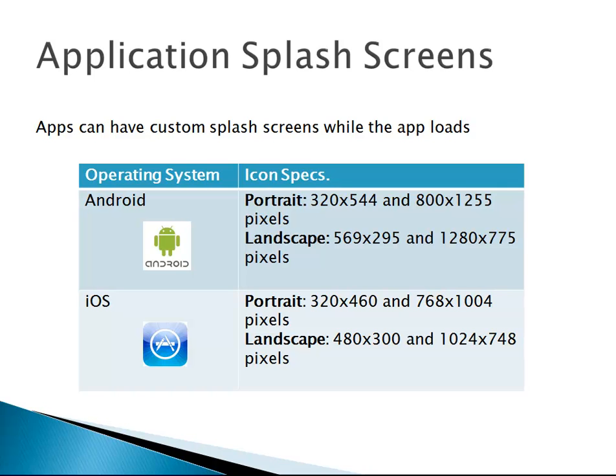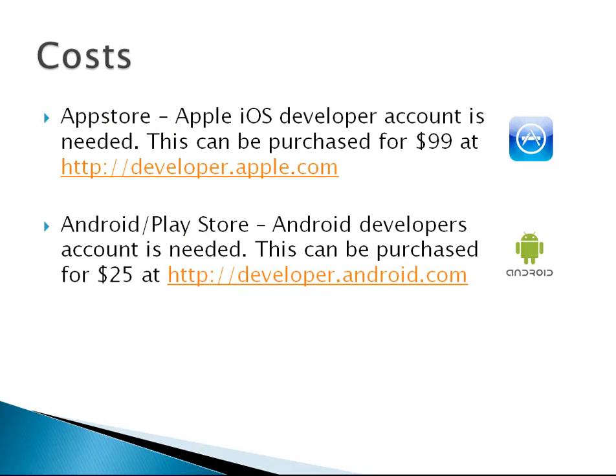For iOS, you want your portrait splash screen to be 320 by 460 and 768 by 1004. And the landscape will be 480 times 30 and 124 times 748. So these are very important sizes to remember.